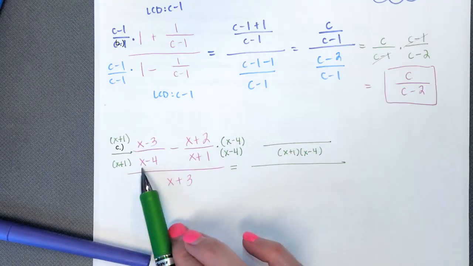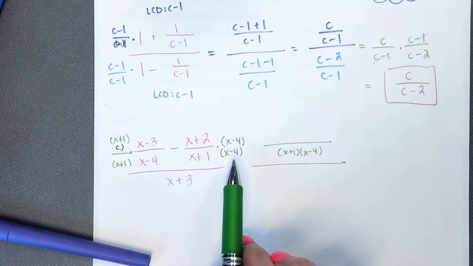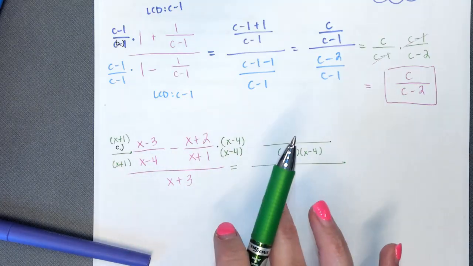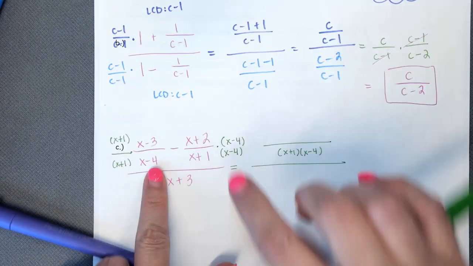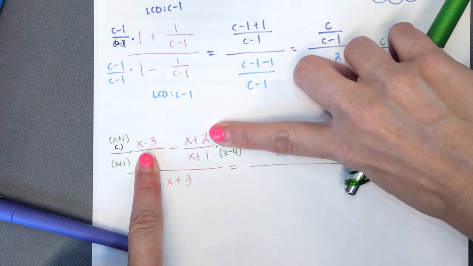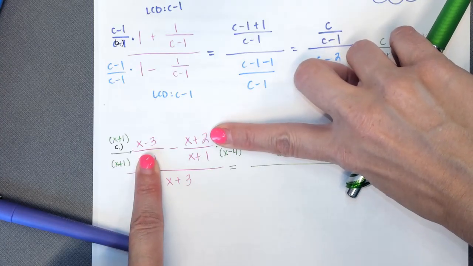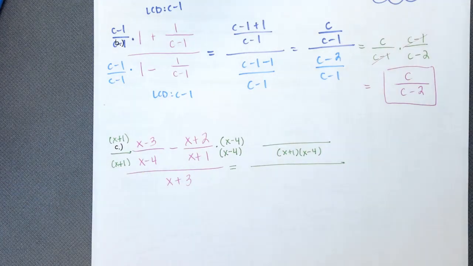You can't do that because this is a minus here. Plus, if you start canceling some of these things out, then you aren't going to have a common denominator anymore. You cancel this out, then this denominator is x plus 1. This one is x plus 1 times x minus 4. You can't combine across the top anymore. So the whole reason why you're multiplying is to get that common denominator.